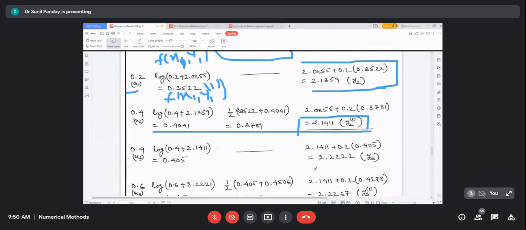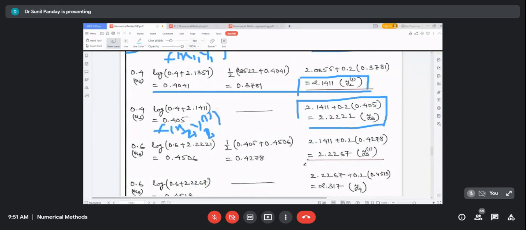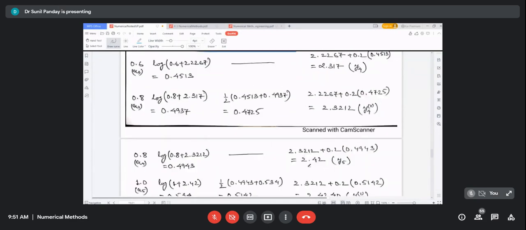So we'll calculate y3. To calculate y3, again we calculate f of x2, y2, y21, and then we have this value, and then we use Euler's method to get this one, and then we again update it with Euler's modified method, and in this way we'll go.